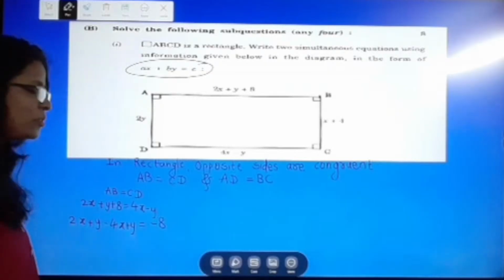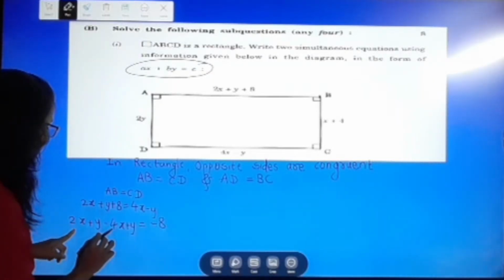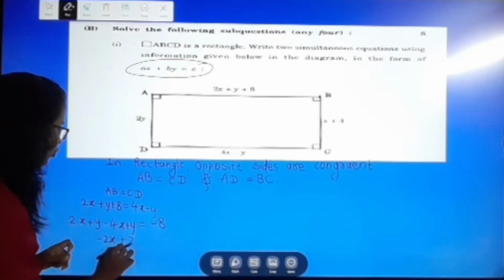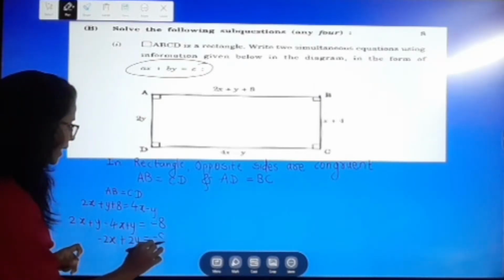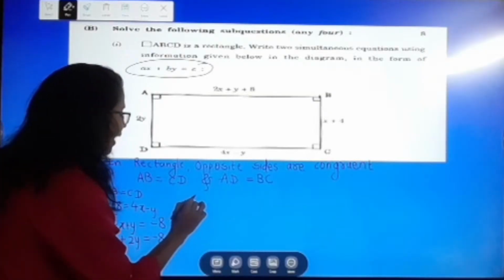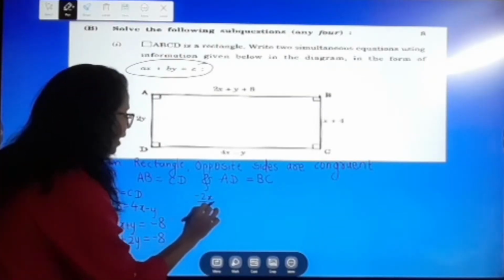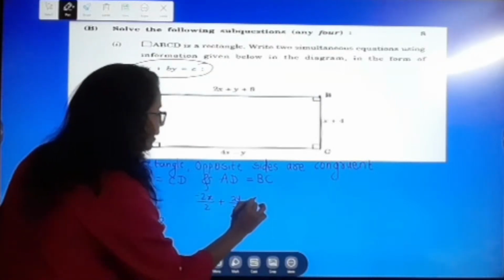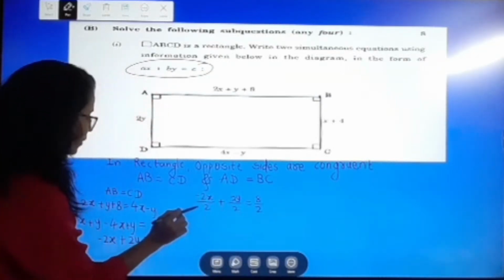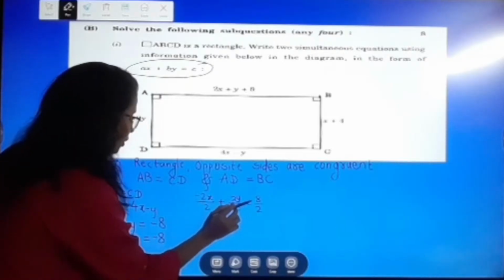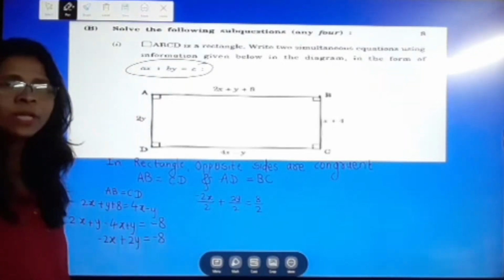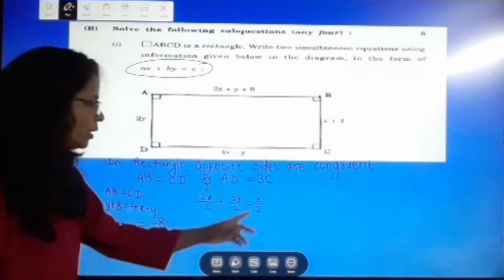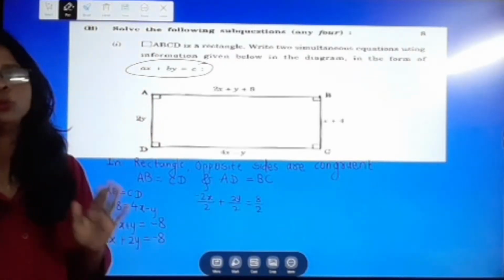Okay, very simple, students. So here 2x minus 4x means minus 2x, plus y plus y means plus 2y, which is equal to minus 8. And then, students, dividing both sides by 2. So I write down minus 2x upon 2 plus 2y upon 2 is equal to 8 upon 2, because each term, the coefficients and the constant, is in the table of 2.